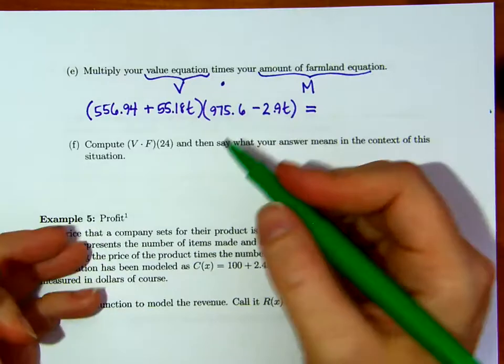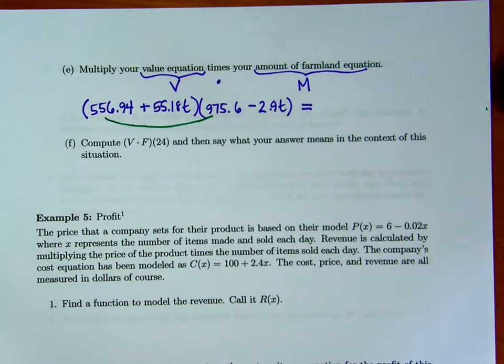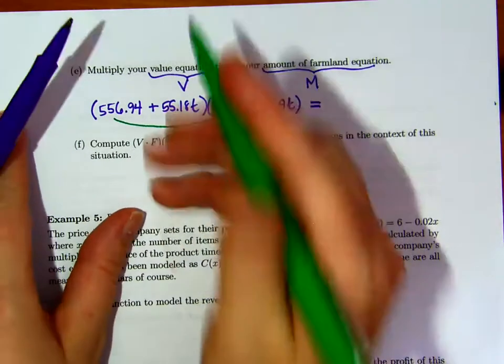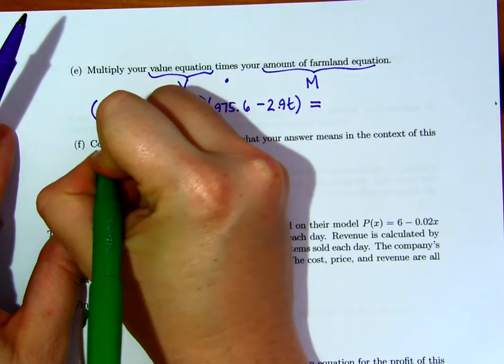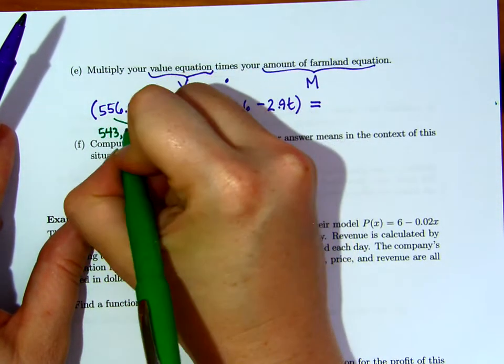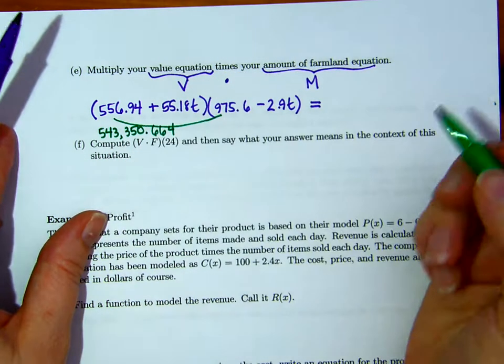Let's keep track of all of our multiplications. We got this. I'm going to do that on the calculator for sure. 556.94 times 975.6. Whoa, that's a large number. I'm going to have to write it down here. So what do we have? 543,350.664.